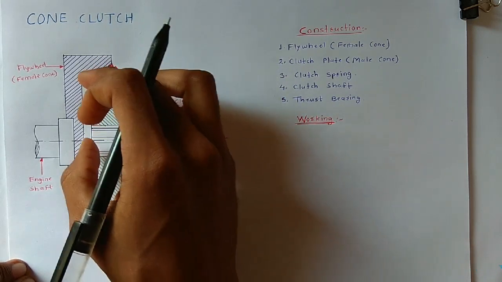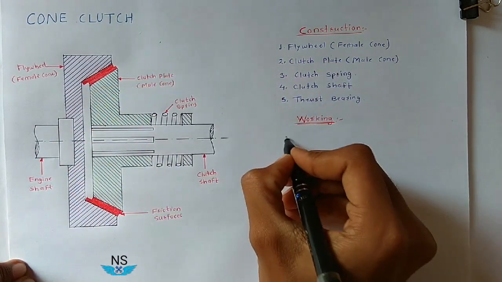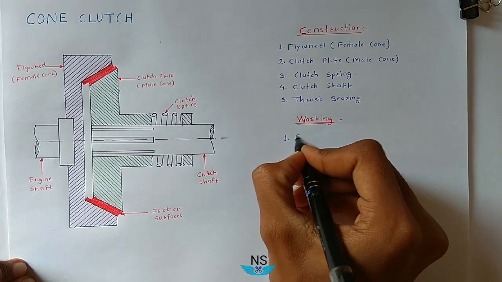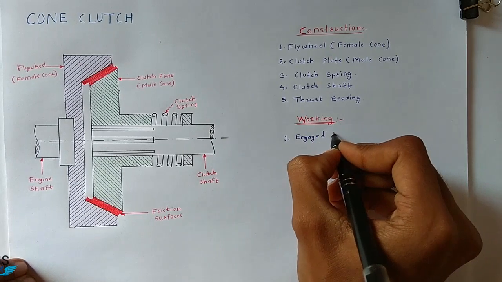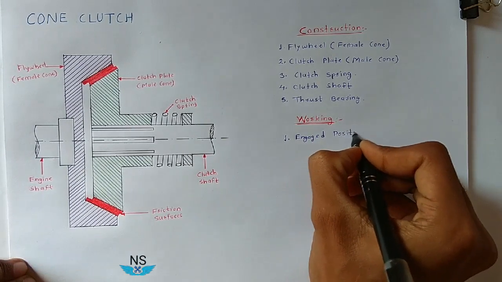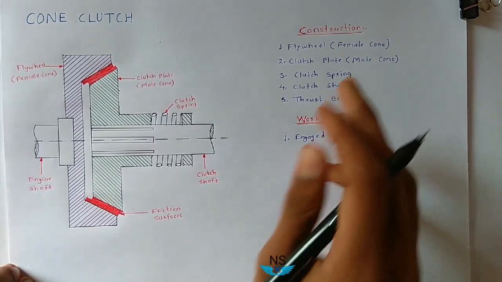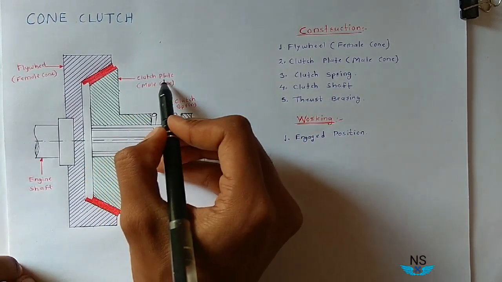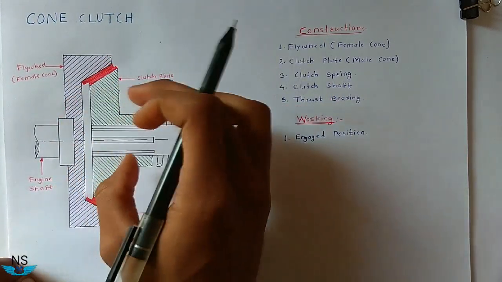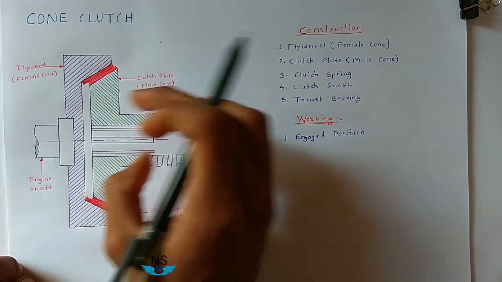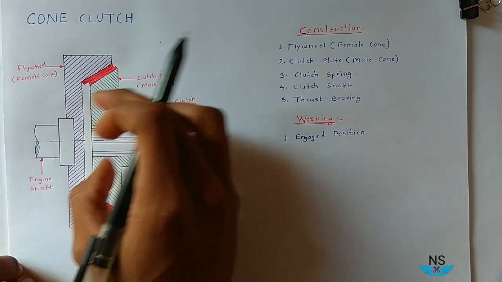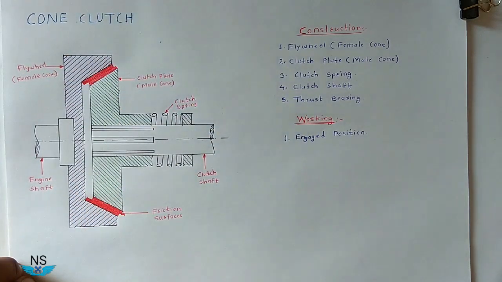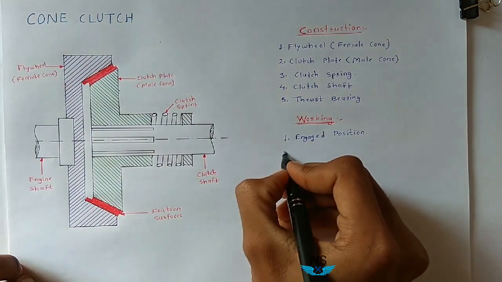So that condition is called as engaged position. You know clutch is always in engaged position. So in engaged position, this male cone is fully pushed inside this female cone or flywheel. That condition is called as engaged position.